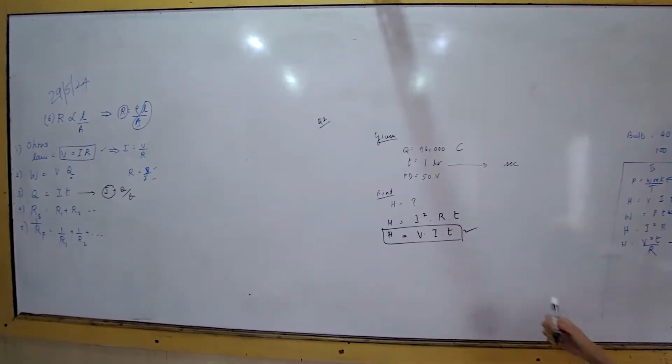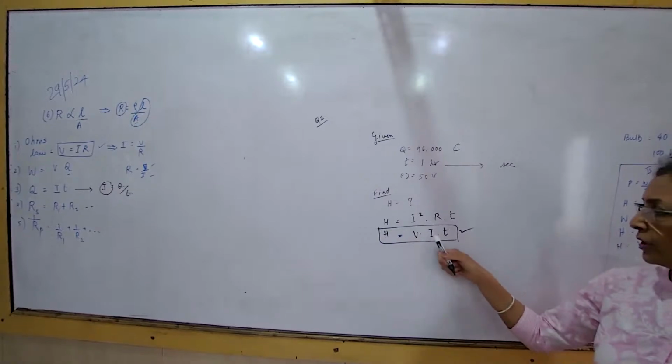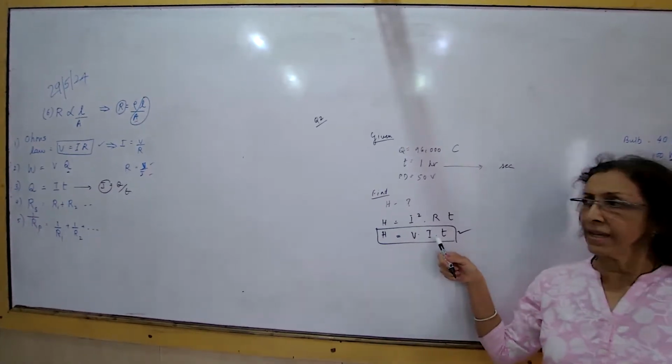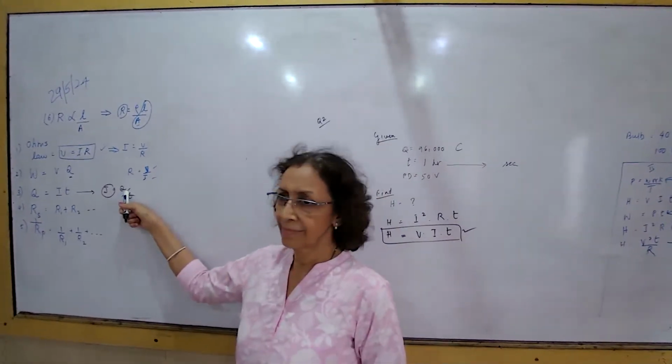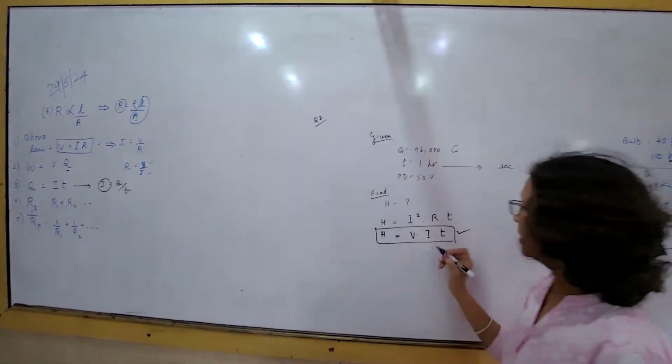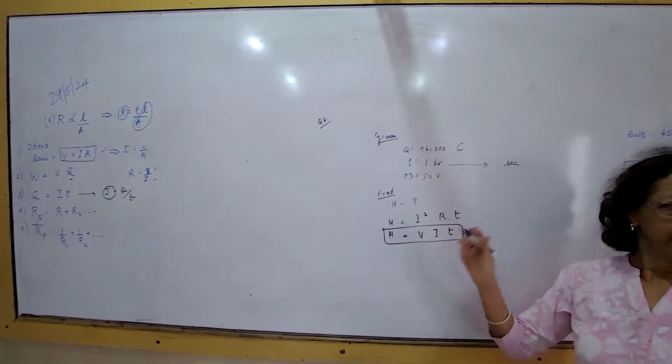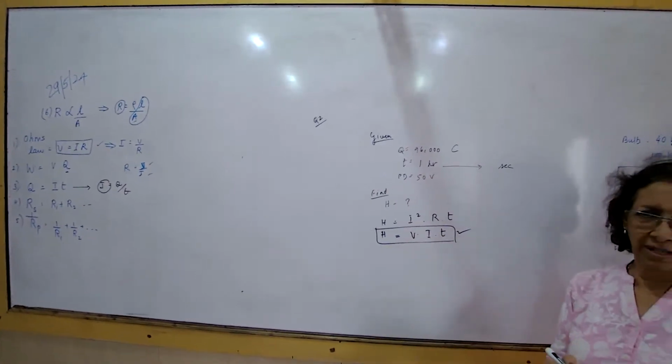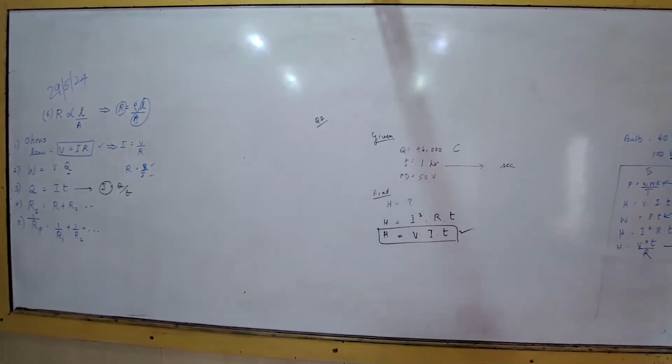See, even for this I, children, don't do any calculation here. Just put it as Q upon T here. Then it will cancel out.